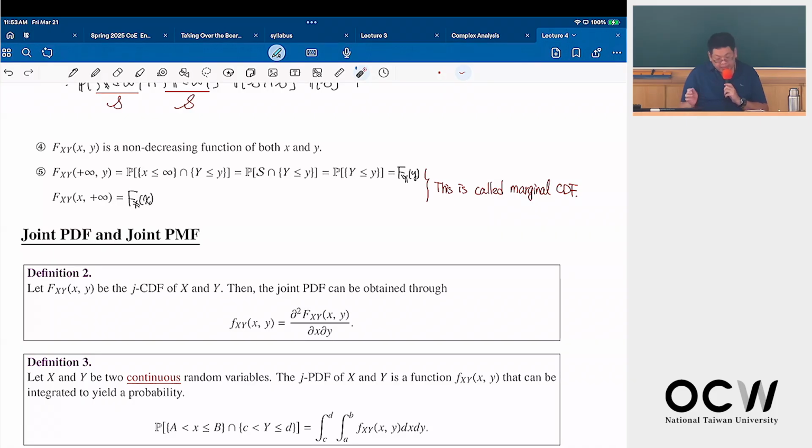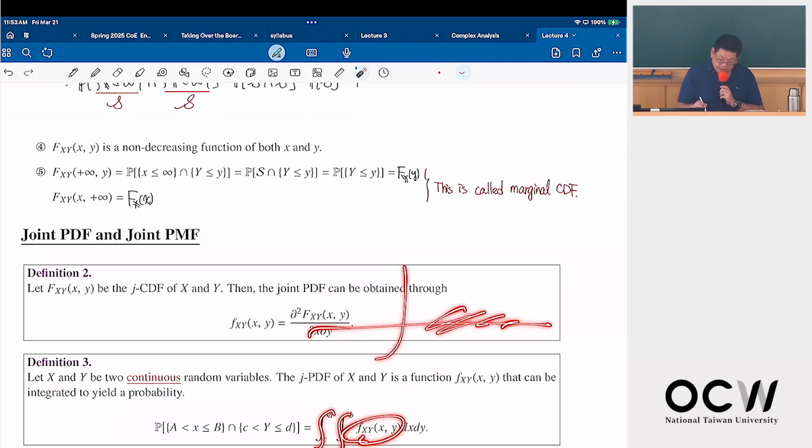With the joint PDF, I take the integration and I get the probability. So how do I find the probability? If I have a joint PDF, I take the integration. It's kind of like finding the area. Here my x is between a and b, and y is between c and d.